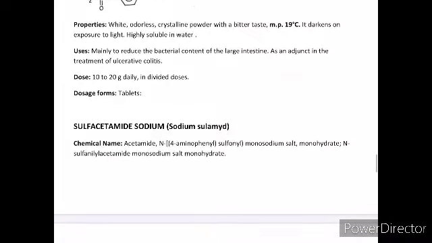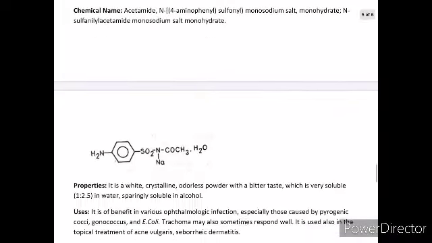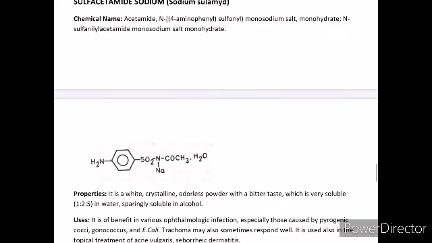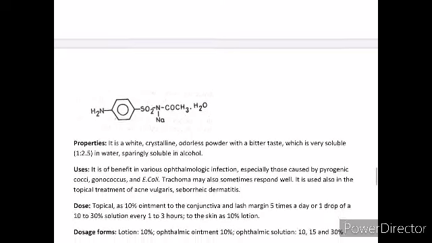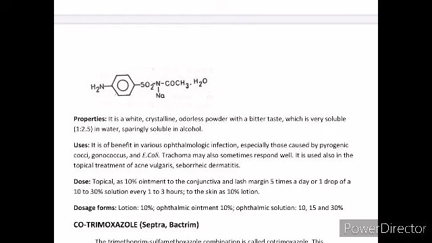We have the next important compound, sulfacetamide sodium. As you can see the nomenclature, this is sulfacetamide N-4-aminophenyl sulfonyl monosodium salt monohydrate. Now this is a white crystalline odorless powder with a bitter taste, and its benefit is in ophthalmologic infection.